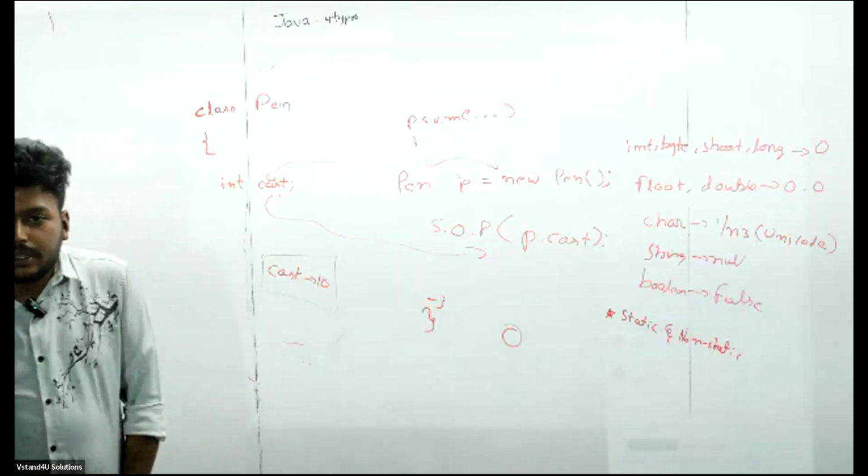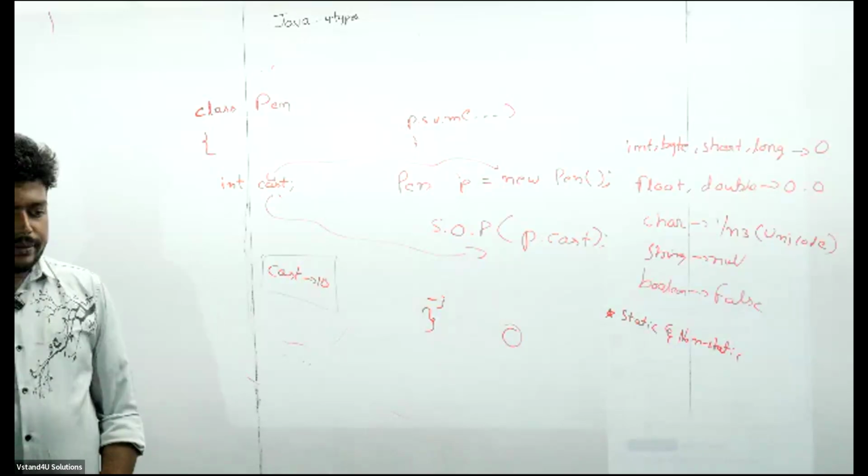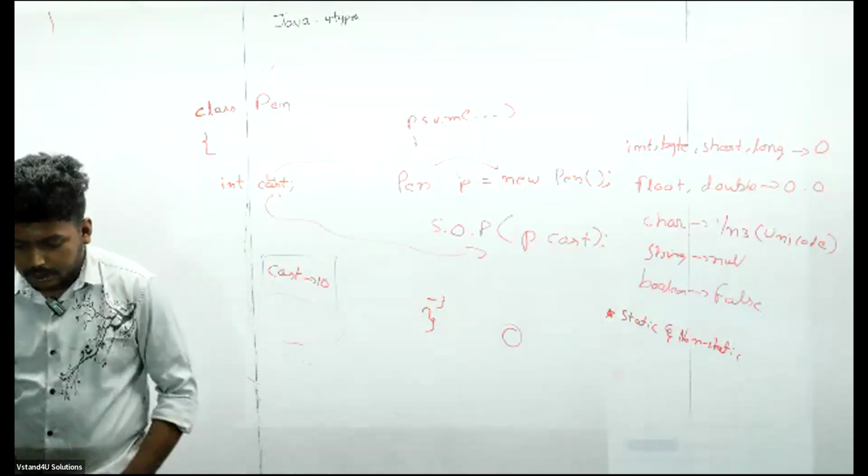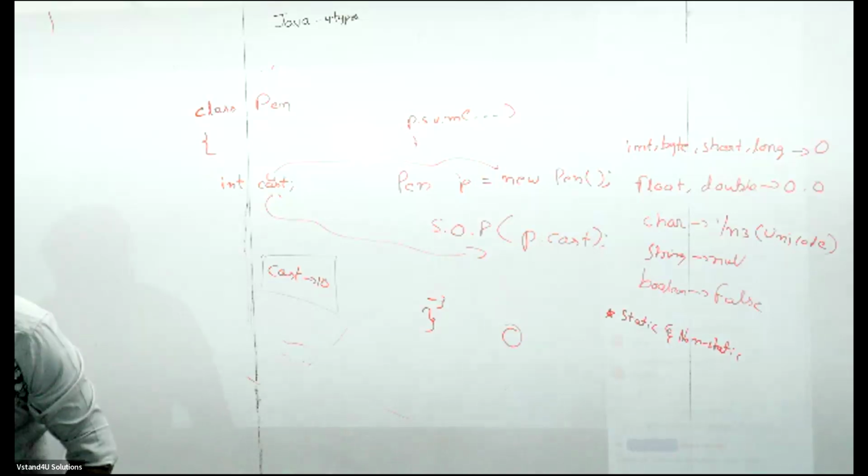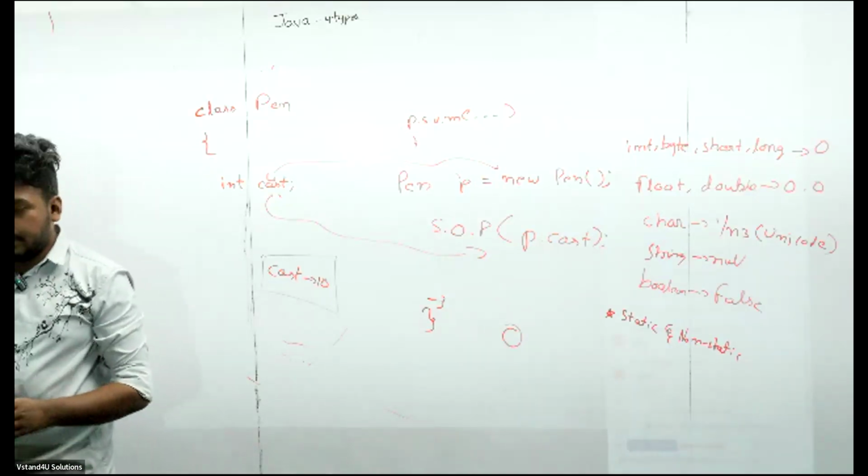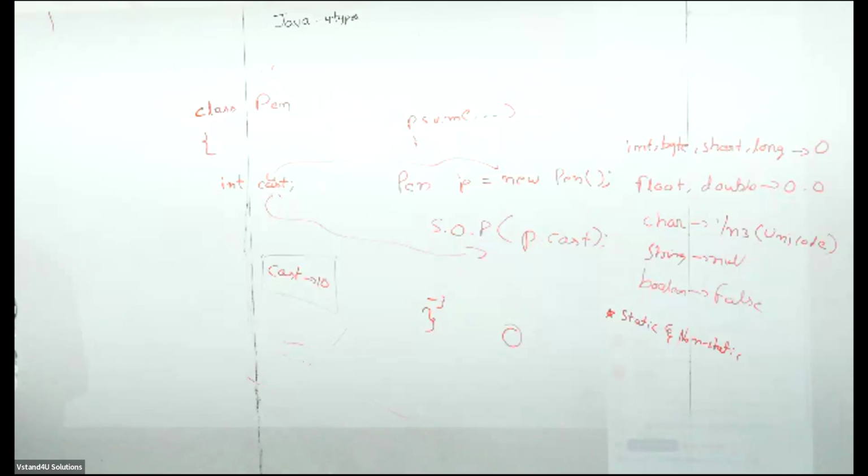Do it in Eclipse only. From now onwards, you have to use the Eclipse IDE. Online class students, try the question and send me the snapshot in the chat box.